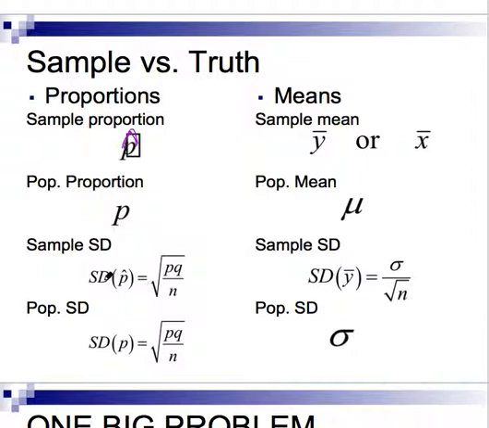The standard deviation with p hat is this, and the population standard deviation will be the same. When we're talking with quantitative variables, here is our sample mean, the population mean, the sample standard deviation, and then the standard deviation of the population.